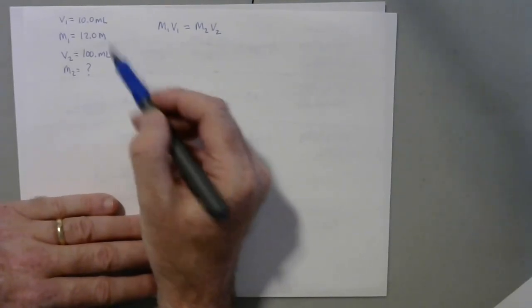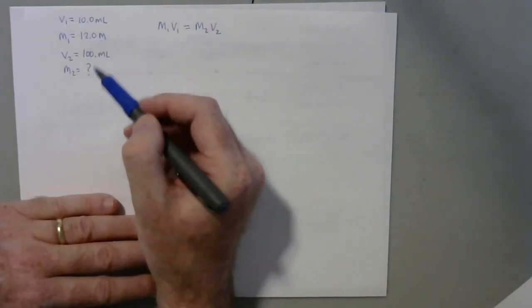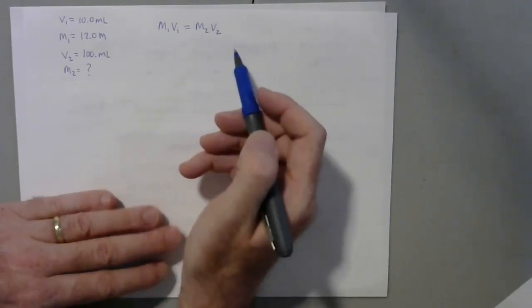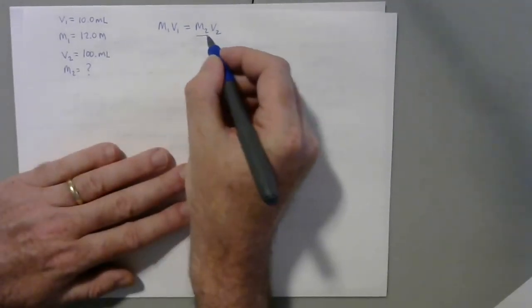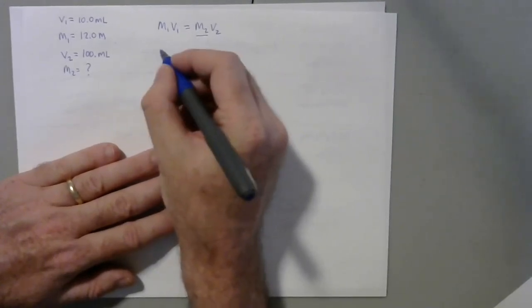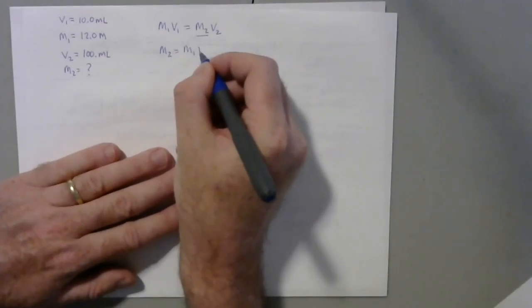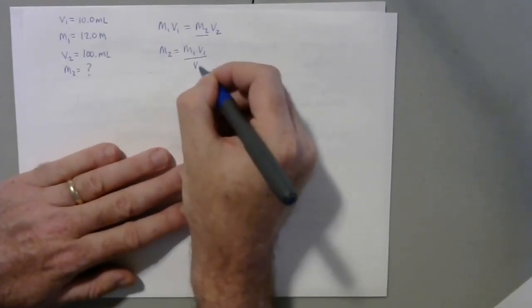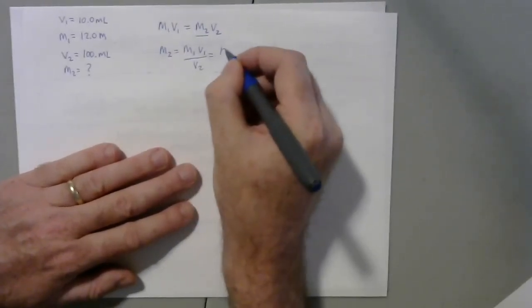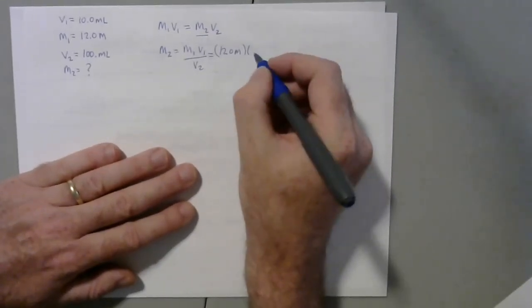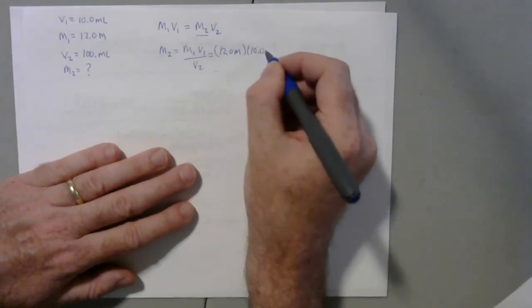Okay, so let's look at this problem. 10 milliliters of solution to 100, 12 molar to what after we dilute it? We're going to use our formula M1V1 equals M2V2. We're going to solve that for M2. So M2 equals M1V1 divided by V2. So 12 molar times 10 milliliters.